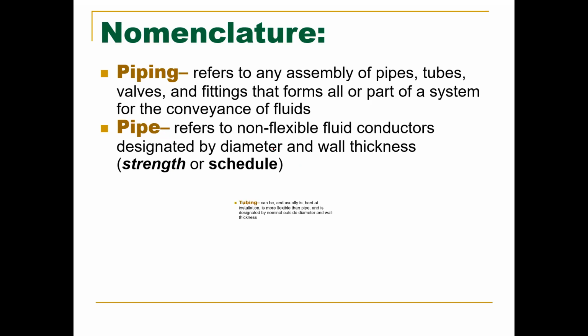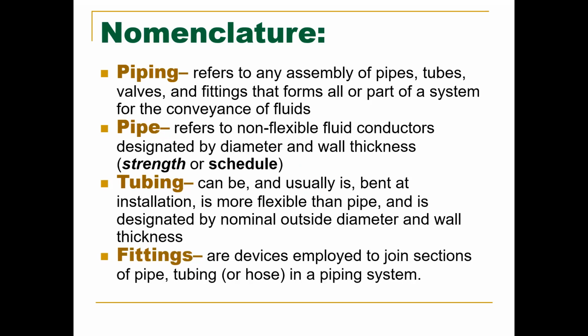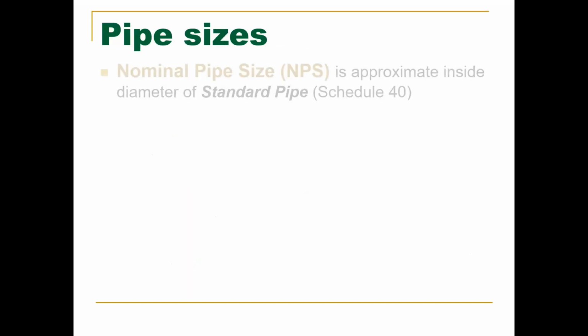Tubing can be, and usually is, bent at installation. It's more flexible than pipe and is designated by the nominal outside diameter and the wall thickness. Fittings are devices employed to join sections of piping, tubing, or hose in a piping system.